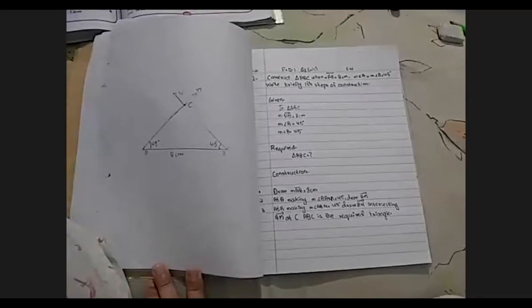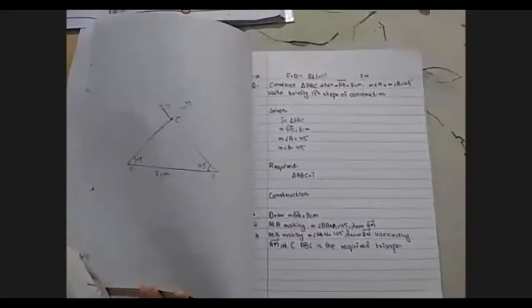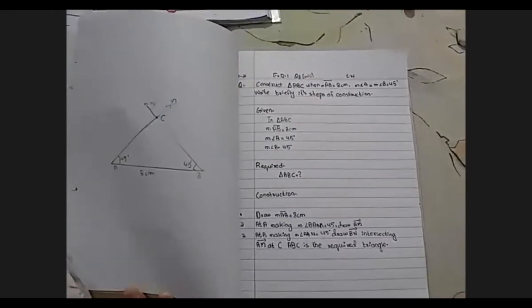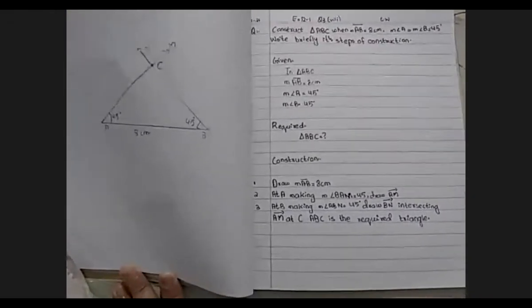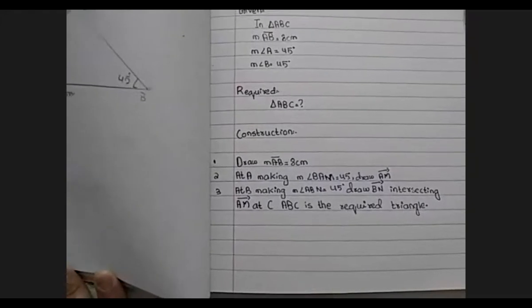Now here, next copy is of Iman. Fatma Nadeem, beta show me the steps and show me the construction. Okay, at A making an angle, perfect. At B making an angle BAM, BA. It's not visible. Third step, I can't see the third step. ABN is equal to 45 degree. Absolutely right, perfect. Excellent.